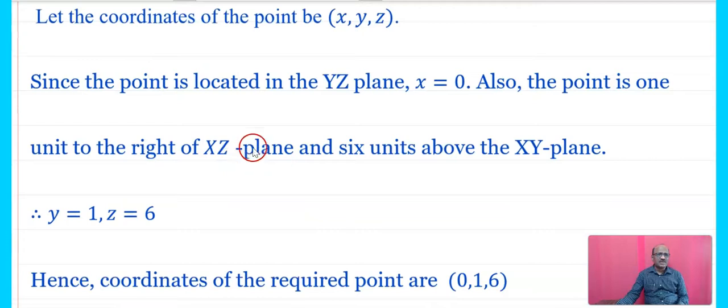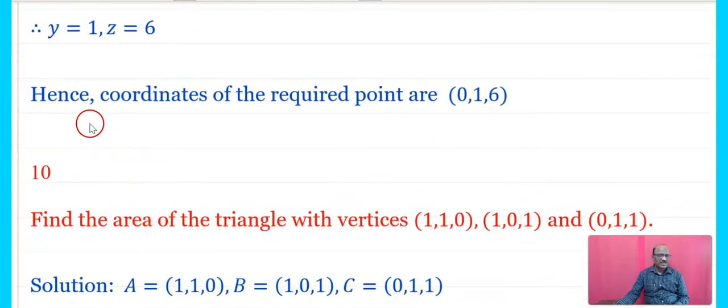As it is the yz plane, its x coordinate is 0. Since the point is located in the yz plane, therefore x equals 0. Also, the point is 1 unit to the right of the xz plane, and therefore its y coordinate is plus, y equals 1. And 6 units above the xy plane, therefore the z coordinate is plus, that is, z equals 6. And hence, the coordinates of the required point are (0, 1, 6).